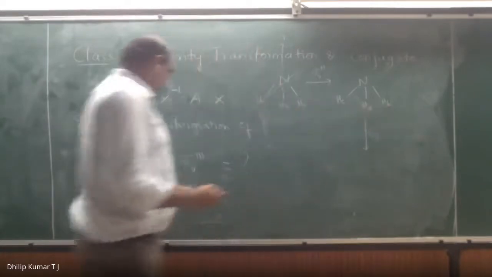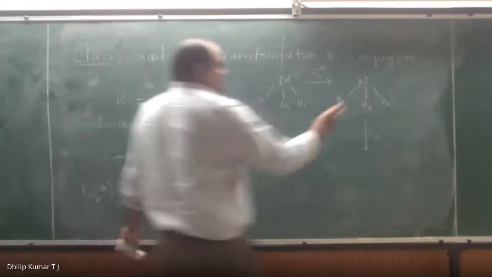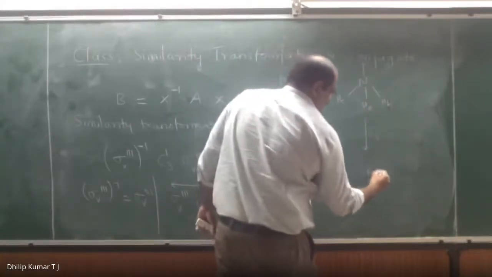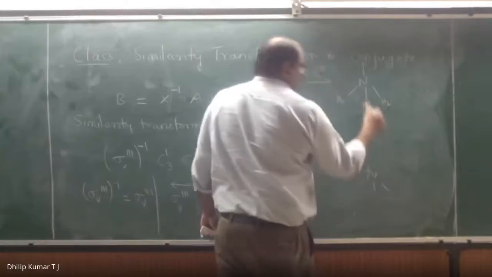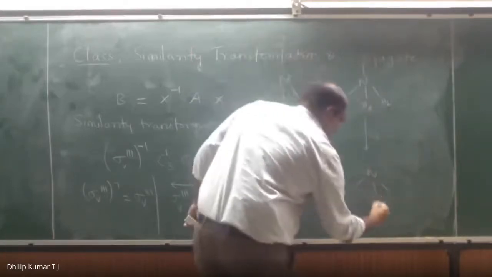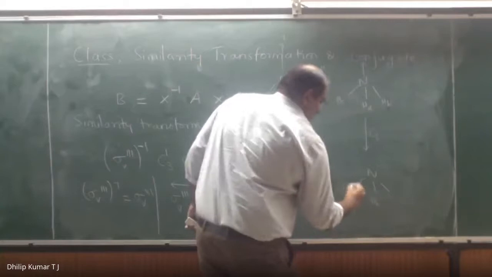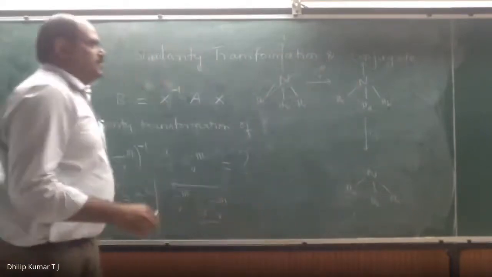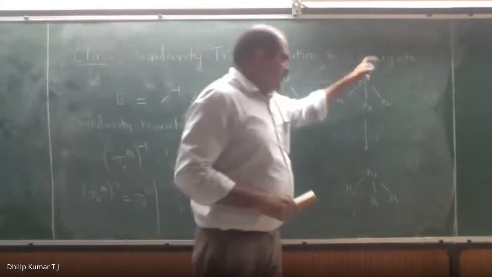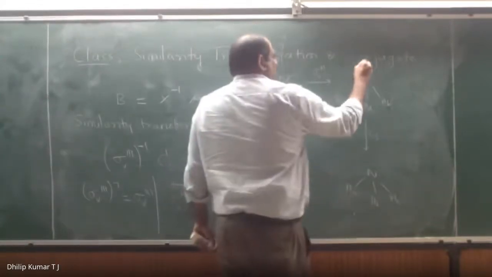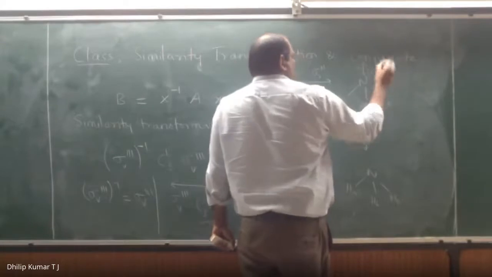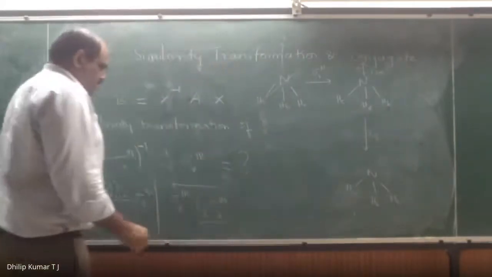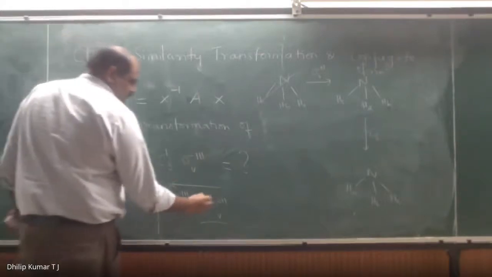And then C3 you have to perform. You rotate this one: HB comes here, HA comes here, HC goes here. So we are rotating by 120 degrees clockwise, C3, and it just goes to the other side. So two things I have done.